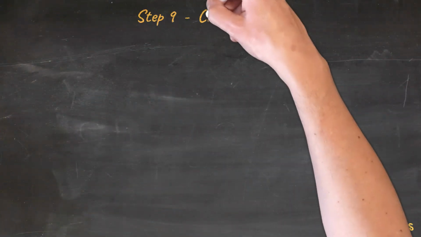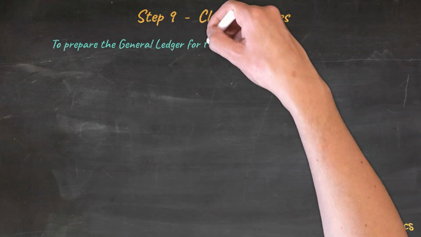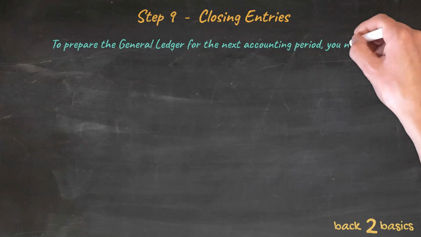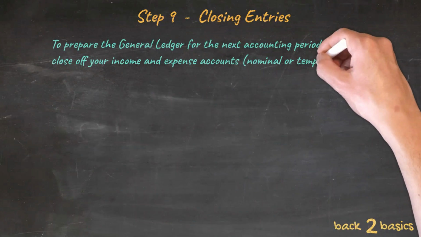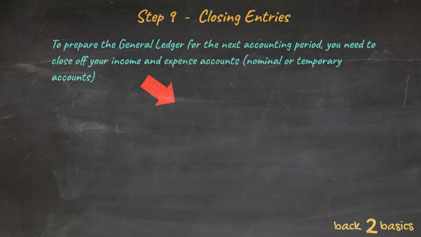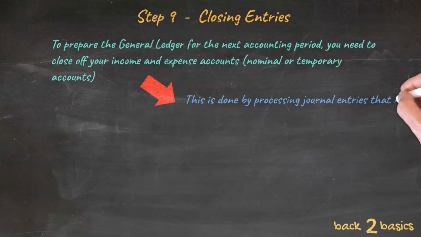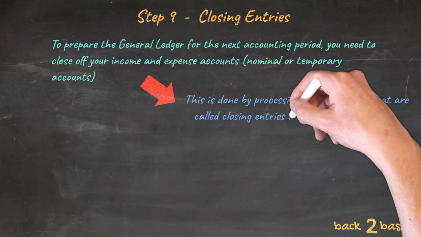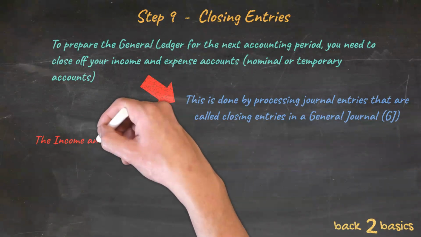Step 9. Closing entries. To prepare the general ledger for the next accounting period, you need to close off your income and expense accounts, also called nominal or temporary accounts. This is done by processing journal entries that are called closing entries in a general journal. The income and expense accounts are closed off.